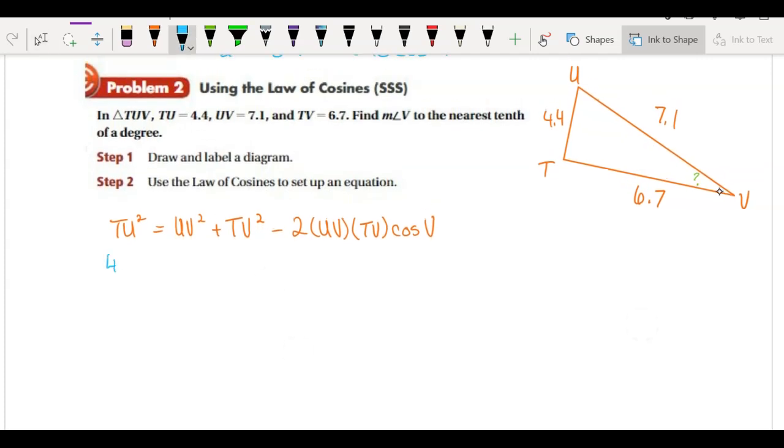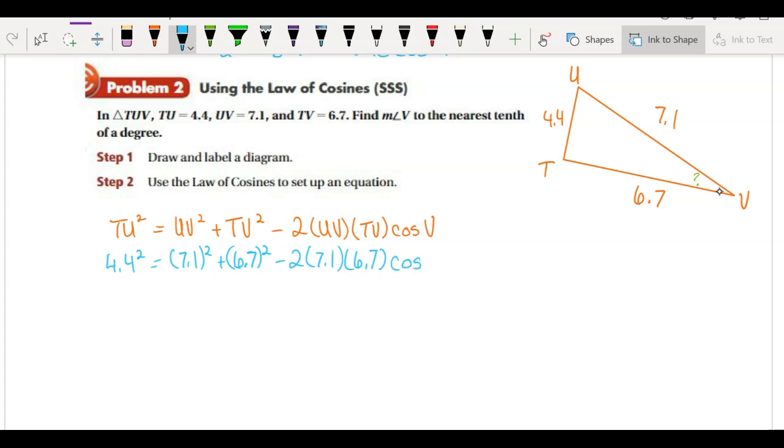So we have 4.4 squared is equal to 7.1 squared plus 6.7 squared minus 2 times 7.1 times 6.7.